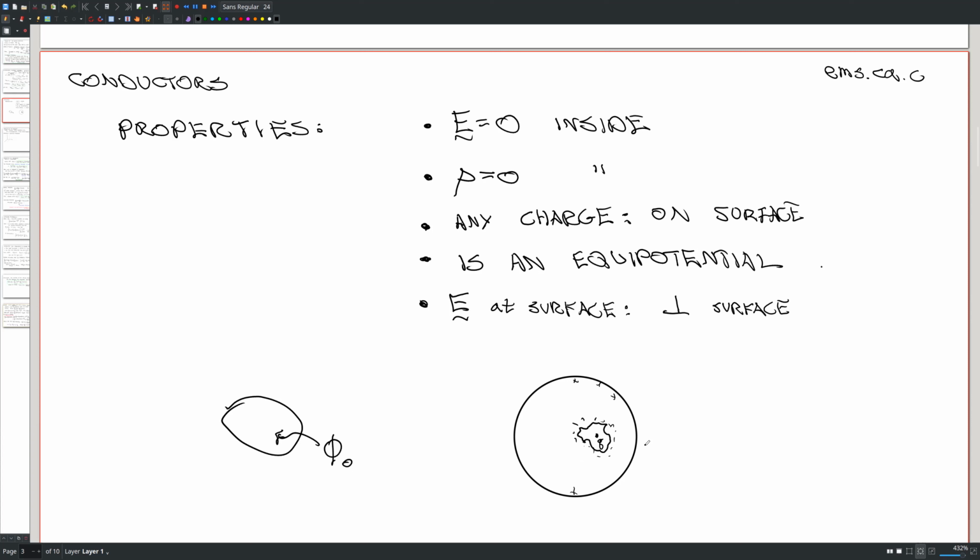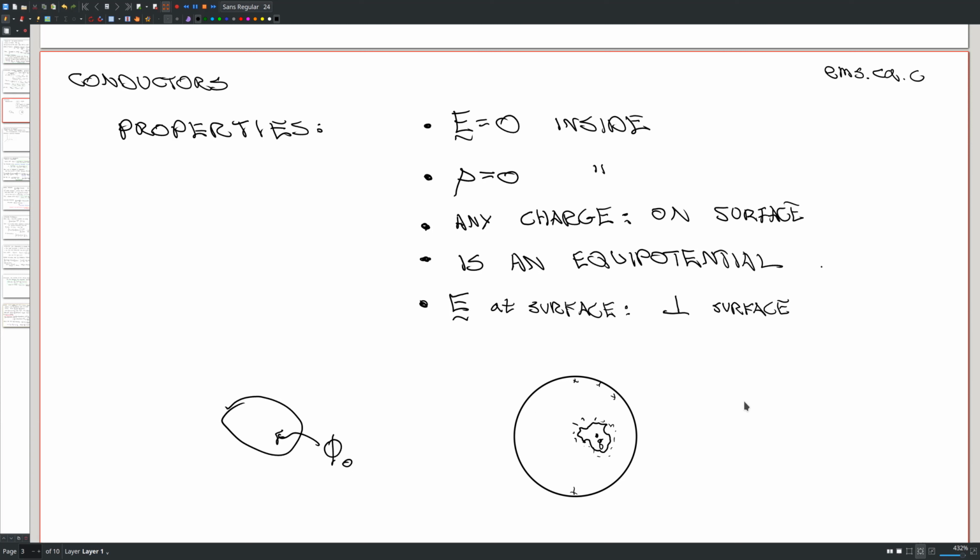Okay? And how should you think about this thing here? You should think of this as 3 different boundary value problems. The first boundary value problem could be one where you've got the space outside, and then the boundary is the external surface of this conductor. That's one boundary value problem.